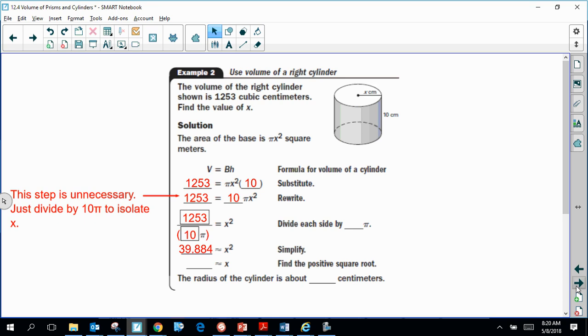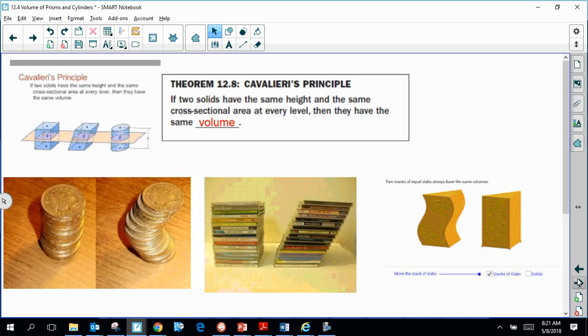Then I take the square root of that to find the value of the radius, which would be about 6.315 centimeters. Oh, I did fill that one in. So divide each side by 10 pi. So that's how we're just using basic algebra skills to move things across an equal sign to solve for a variable again.